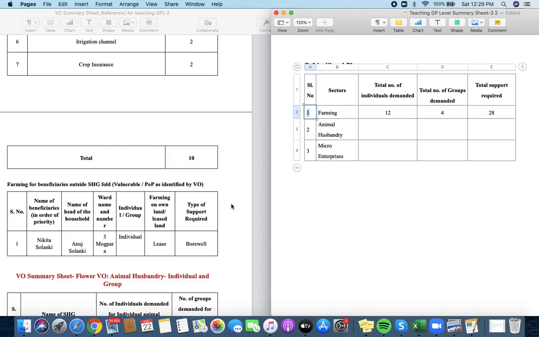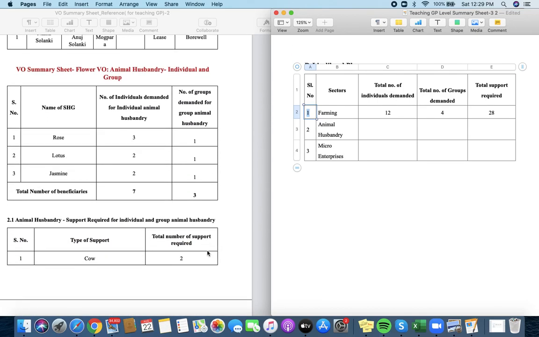What you have to constantly remember is that the data, when getting consolidated at the GP level, is consolidated by adding both the members from outside the SHG and the members who have demanded it from within the SHG fold. I'll quickly show you even for animal husbandry.